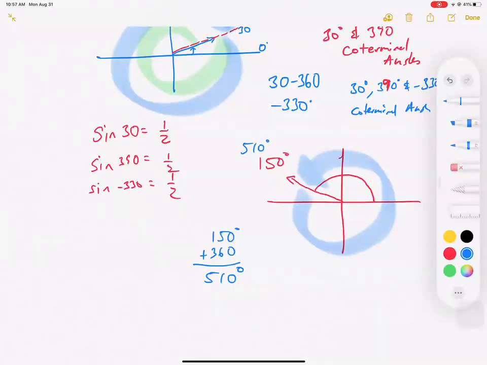I can go again. Let's go through another circle. 510 plus another 360 gives us 870. So 870 is coterminal with 510 and 150.